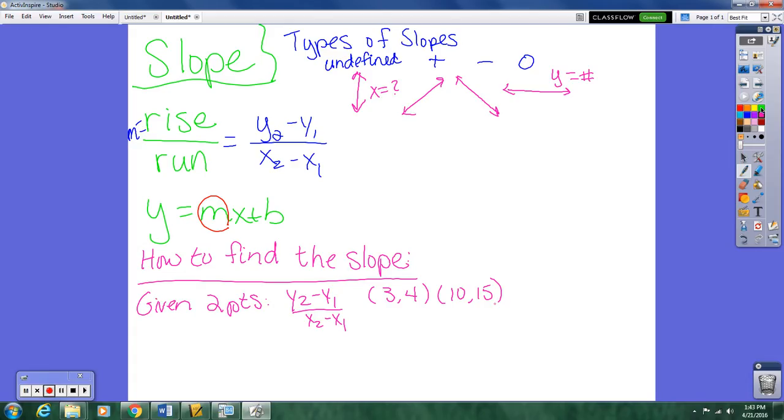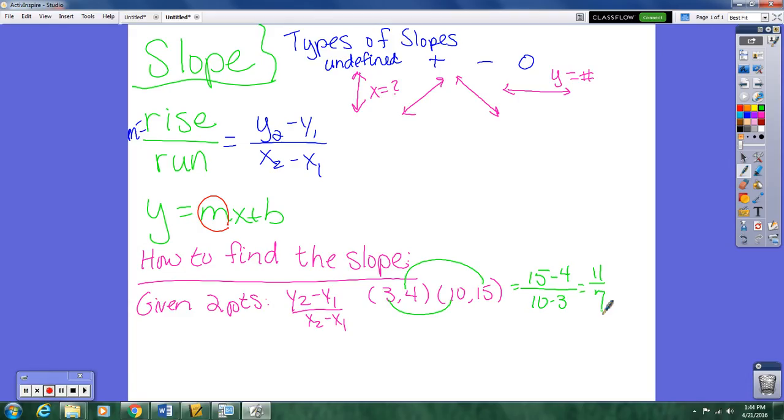So if we subtract the y's, put that arrow on top, because that just reminds us that the y's are on top. 15 minus 4, and subtract the x's. 10 minus 3. Well, 15 minus 4 is 11. 10 minus 3 is 7. That fraction will not simplify, so we leave it as 11 over 7.